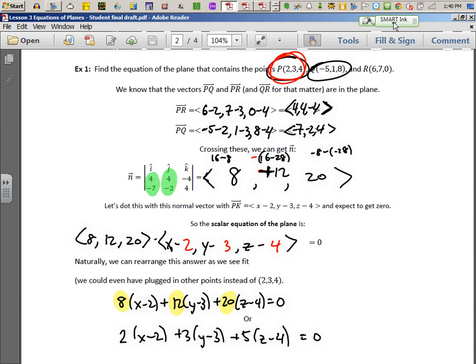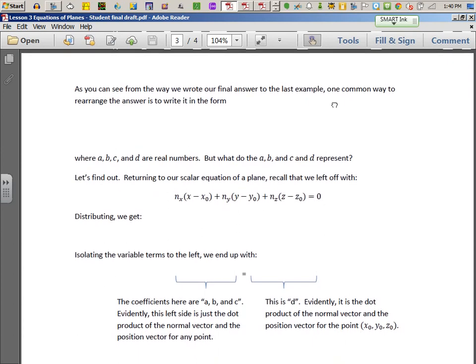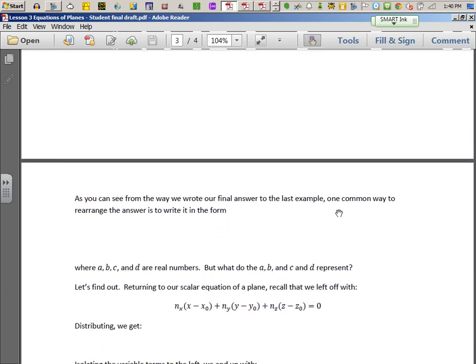So go ahead and do that. Distribute the 2, 3, and 5, leaving only x's, y's, and z's on the left. Write your equation of the plane. And maybe you guys can tell me what you got there.